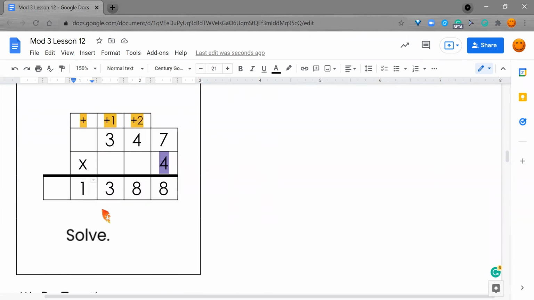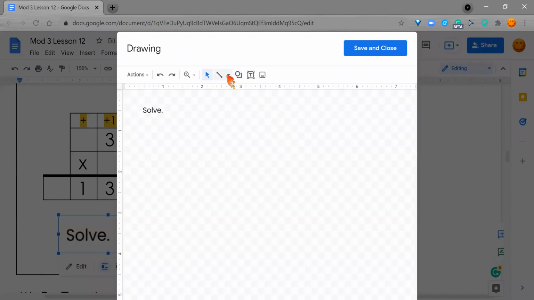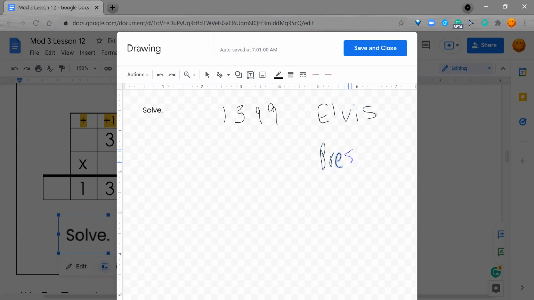So I need to remember a few numbers. So I'm going to quick jump into my scribble. We know Elvis has 1,399. This is Elvis. But we know Presley is 799 fewer.